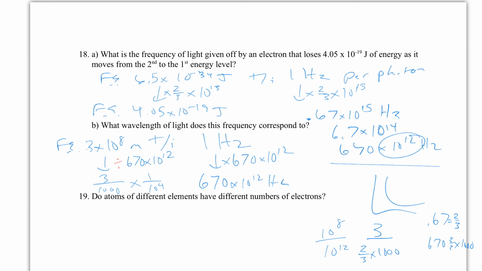So this actually comes out to be about 3 over 10 to the 7th, or 30 over 10 to the 6th.